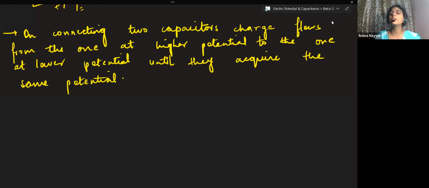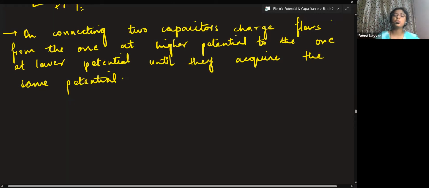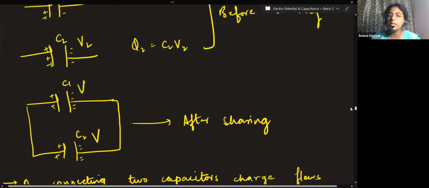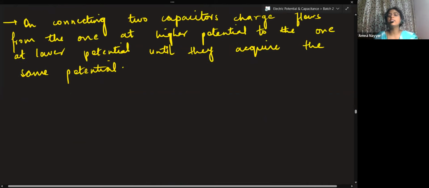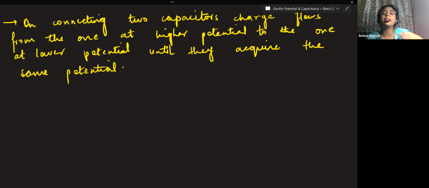So this is the principle of sharing of capacitors. Now, if I want to know what is this voltage that is coming after sharing, what can I do? Whatever extra charge is there in one of the conductors flows to the one having lesser charge. We are neither adding nor deleting any charge.